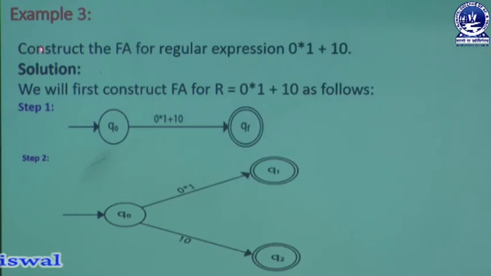In example 3 we are going to construct the finite automata for the regular expression 0 star 1 plus 1 0. Then we are getting a solution here. We will first construct the finite automata for r, which is the regular expression, equal to 0 star 1 plus 1 0, as follows. In this concept we need to convert it.